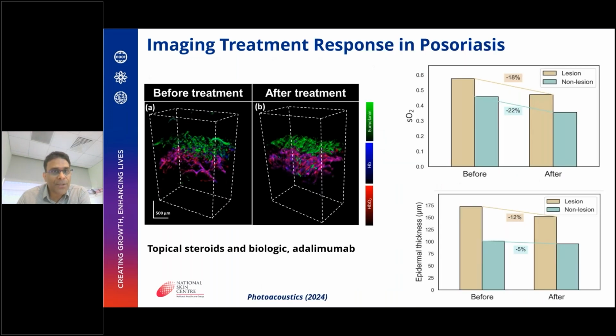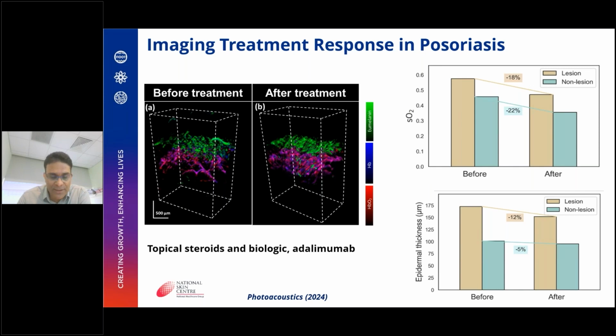Next, we are monitoring the treatment response again using RSOM. Here, a subject with mild psoriasis underwent treatment using topical steroids and biologics. It illustrates again a reduction in the SO2 value, the oxygen saturation value, post-treatment in lesional psoriasis skin, where the difference is steeper for non-lesional skin compared to the lesional part of the skin.